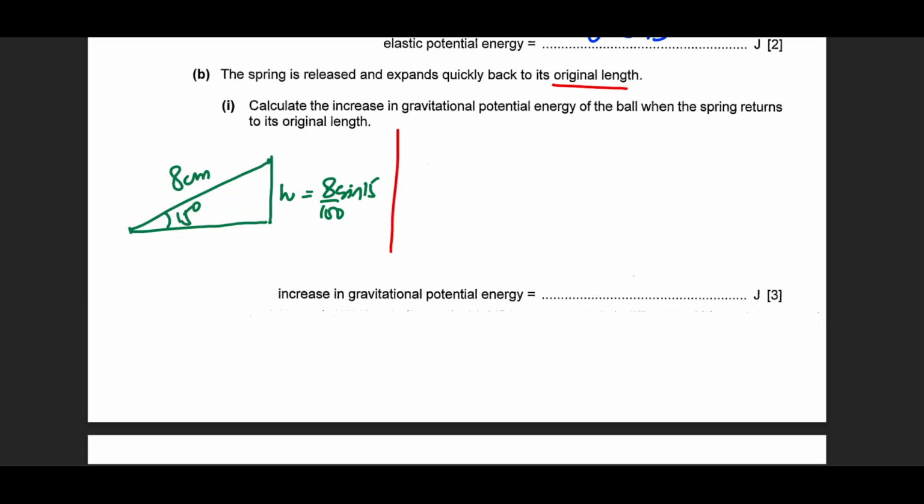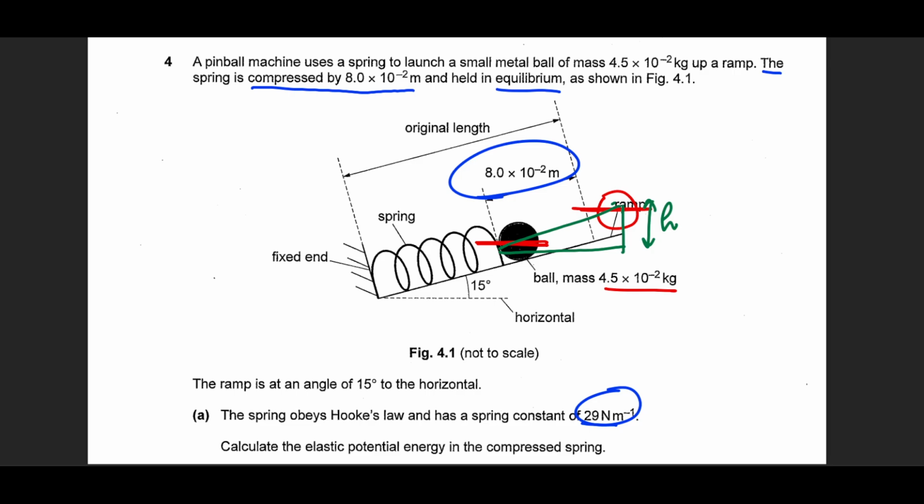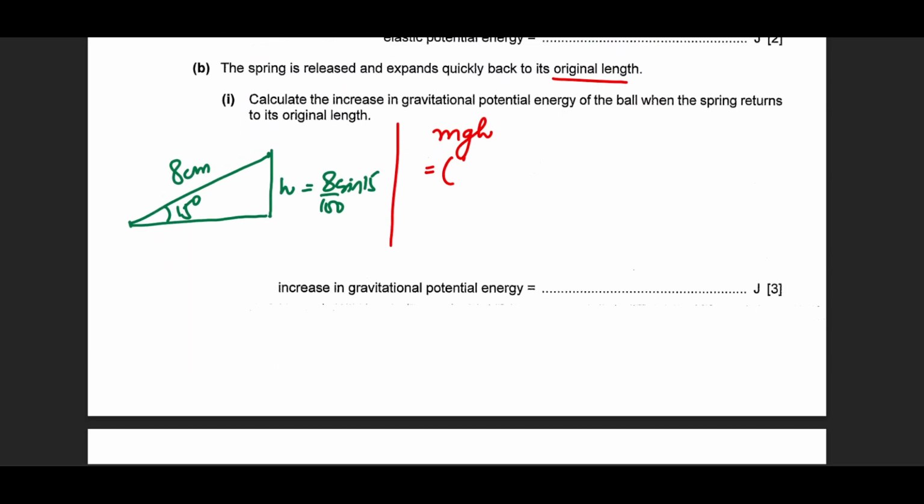So applying the formula of mgh, we have the mass of the ball as 4.5 into 10 raised to the power minus 2. So this is 4.5 into 10 raised to the power minus 2 into 9.81 into height, which is 8 into 10 raised to the power minus 2 because of this 100 division, and then a factor of sine 15.